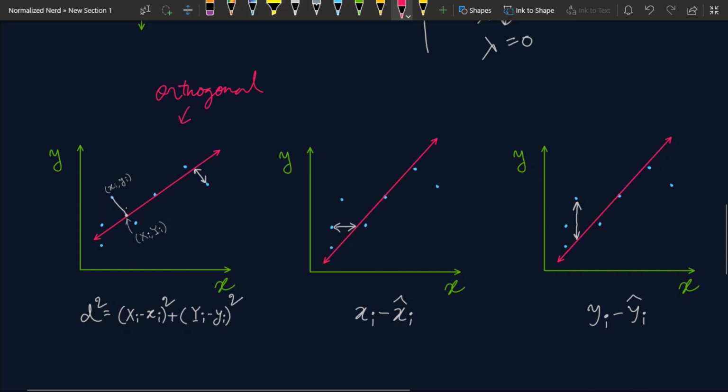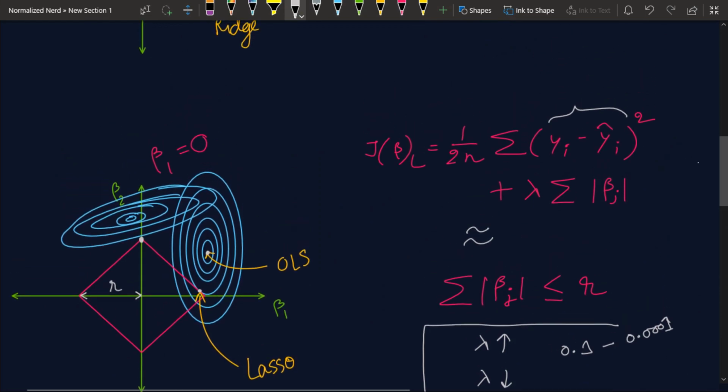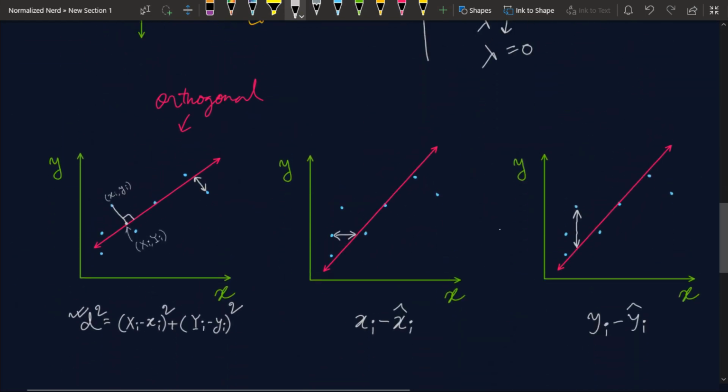And here you can see that this is our ground truth point and we have drawn a perpendicular to the best fit line, and obviously this angle is 90 degrees, and the length of this line is d, and we are squaring this, and by Pythagorean theorem we can easily find this, and we minimize this d squared. So instead of minimizing this term, we minimize the d squared term.